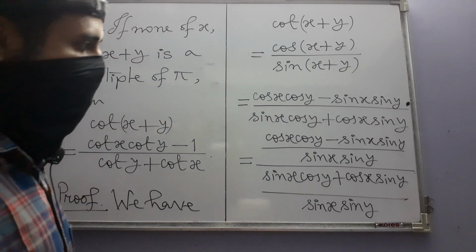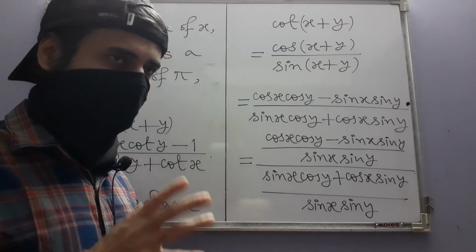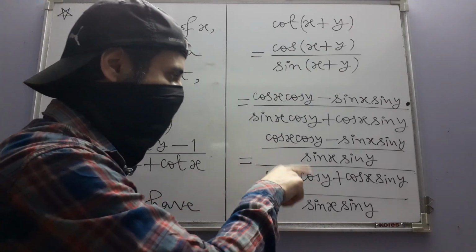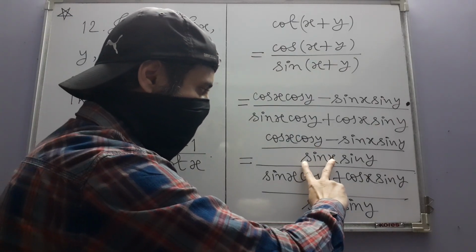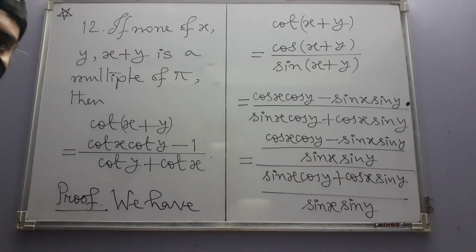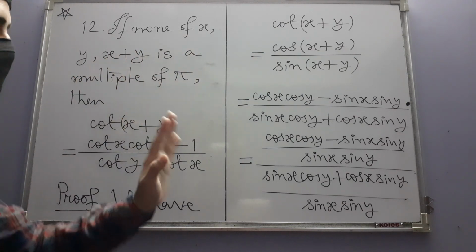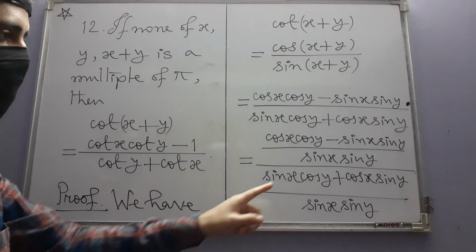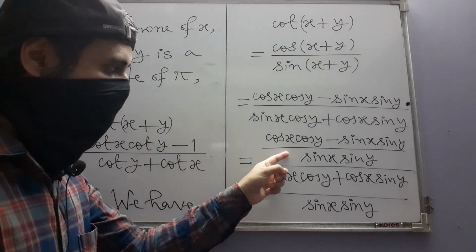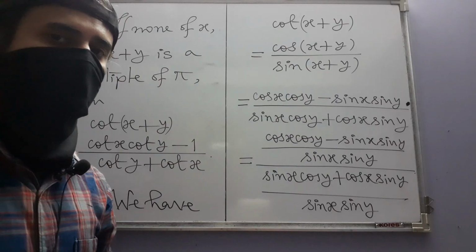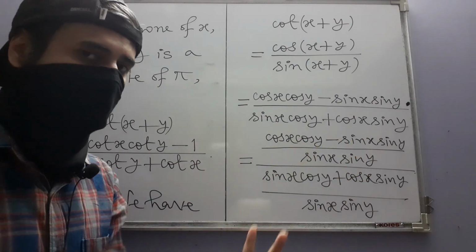And especially when you are dividing by something, the only thing you have to make sure is that what you are dividing by is not 0. Can sin x be 0? No. Because just like x plus y, x is also not an integer multiple of pi. Similarly, sin y is also not 0. And that is why it's okay to divide by sin x sin y. Because they are not 0, so their product is also not 0.